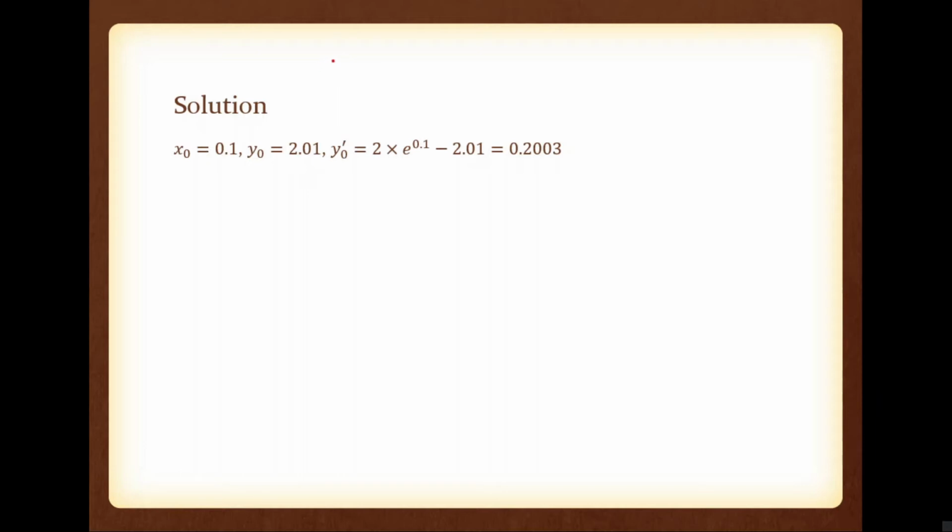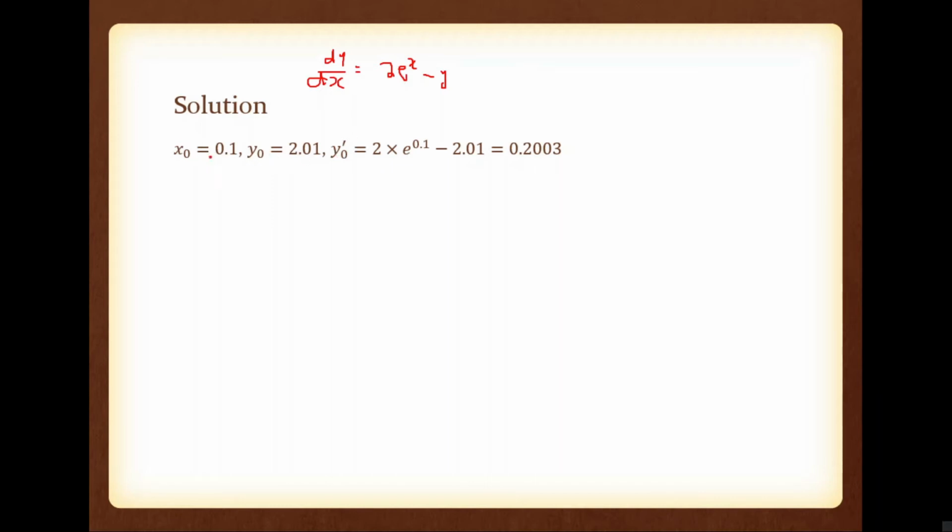So what is dy by dx? Please go through that ordinary differential equation. dy by dx is y dash, that is equal to 2 e raised to x minus y. That is our ordinary differential equation.